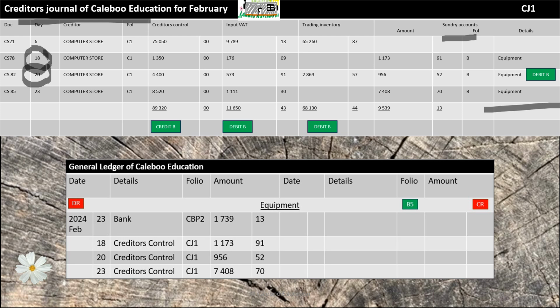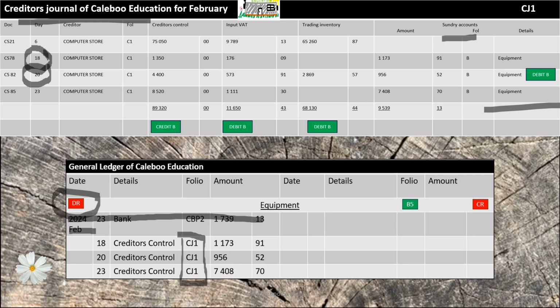So we're going to post the information to the equipment account. I'm not worried about the first one because that information actually came from the cash book payments, and in this lesson we are doing the creditor's journal.